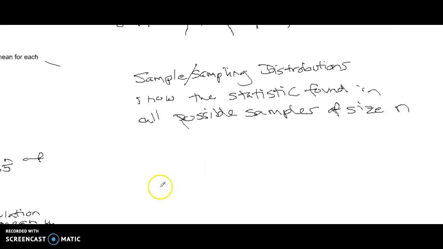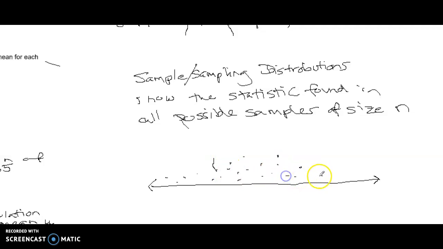In real life, you don't only have 4 scores, you have lots of them. So you end up with a sampling distribution with lots and lots of dots. And it might be standard deviation, it might be whatever. We did mean. Mean is probably the most common.